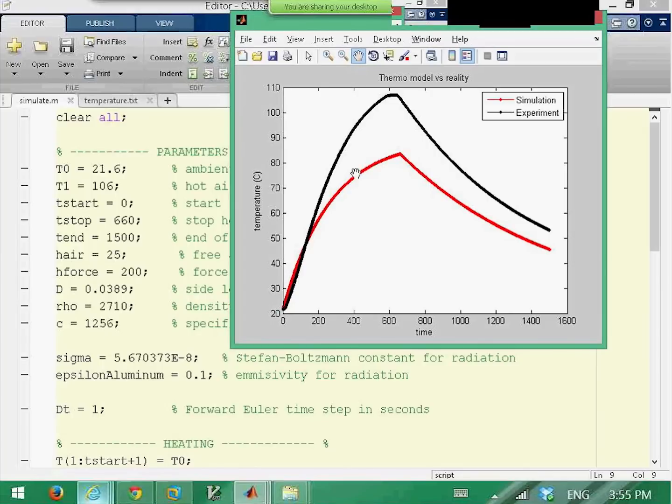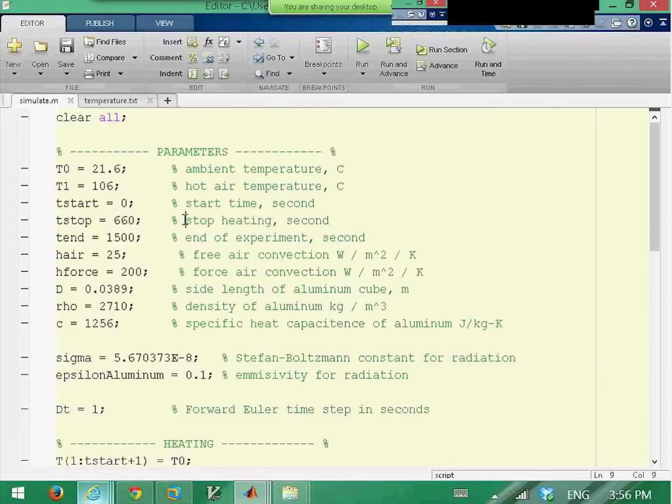Another thing I assumed is that only 2 sides of the cube are being heated and 4 sides are cooling. But actually, if you solve a fluid mechanics problem, you are going to find more than 2 sides are being heated. So that is another motivation for why we need to look at not only one simulation, but an ensemble of simulations. That relates to the fourth part of this subject, probabilistic simulations.